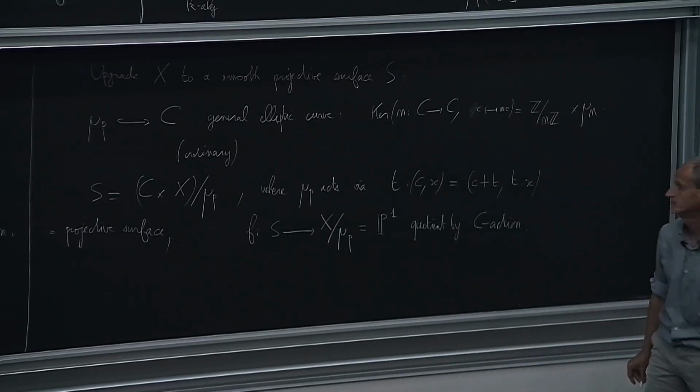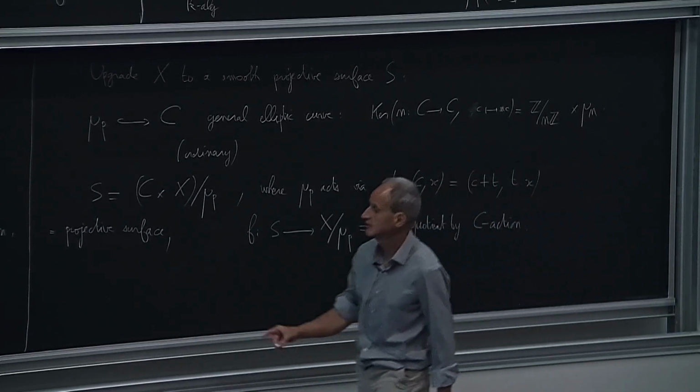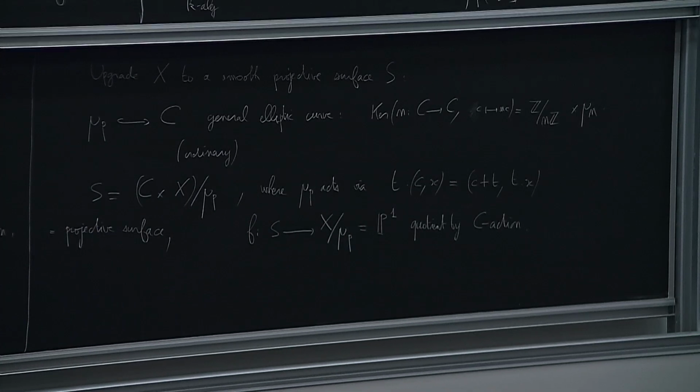And since this quotient pi has the principal divisor E, you get a principal bundle over there.